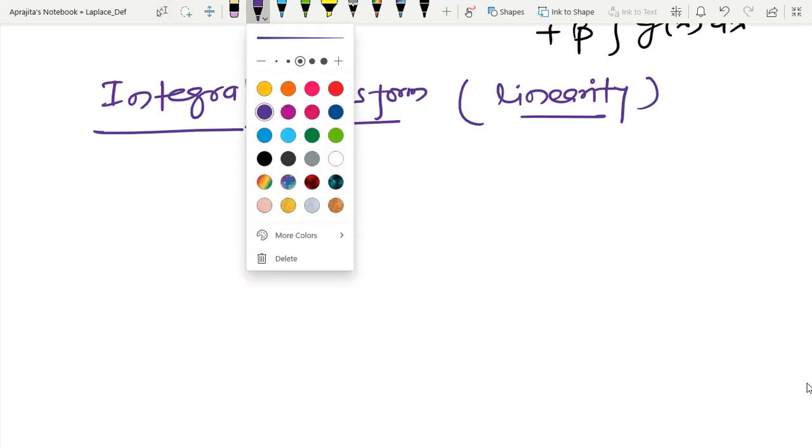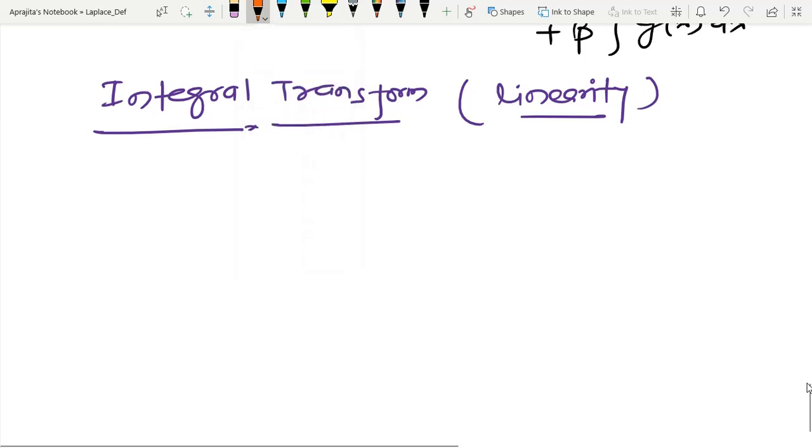So I will take some kind of function with two variables. Suppose that I have some function f(x,y), and that is 2xy squared. So here you can see that this particular function has two variables.